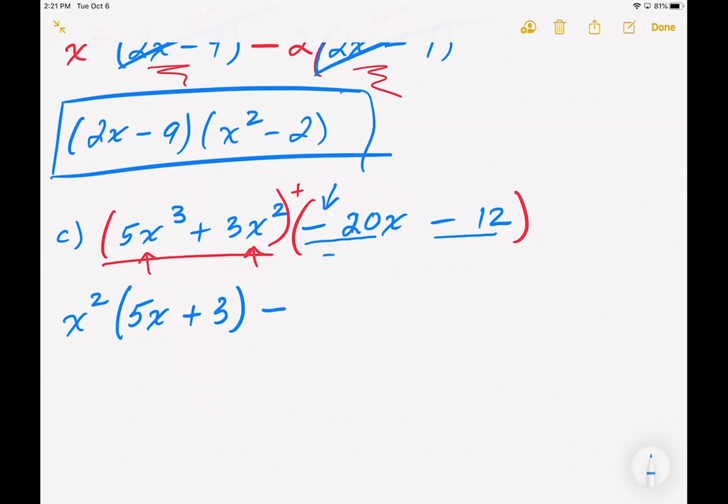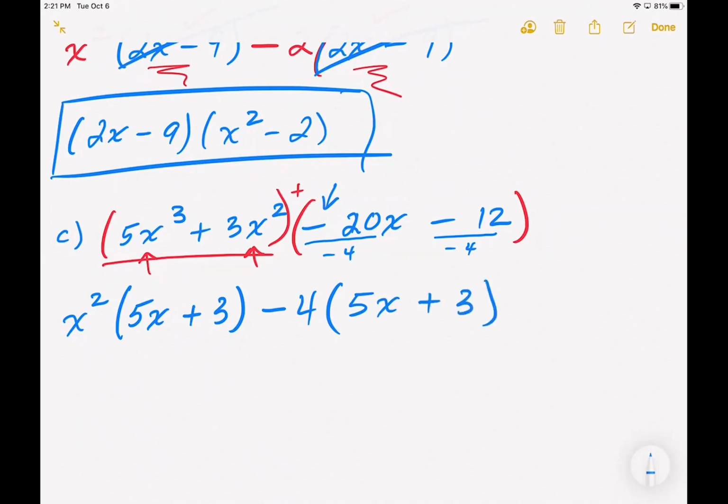I need to take out a negative 4, because I included the negative. Why? Because negative 4 going into negative 20, a negative into a negative becomes a positive 5x. And a negative going into negative 12 gives me a positive 3.